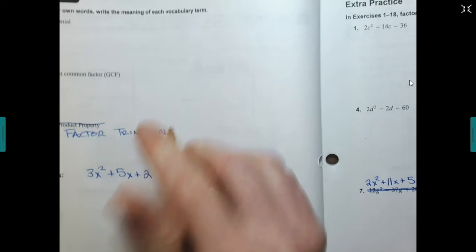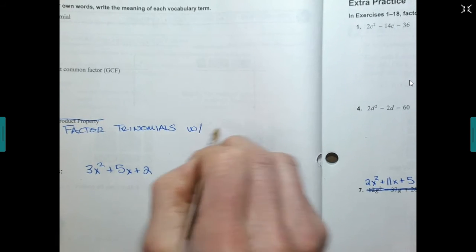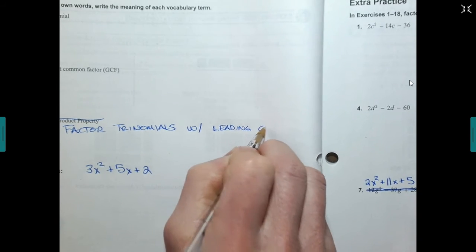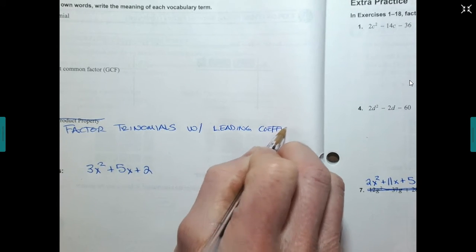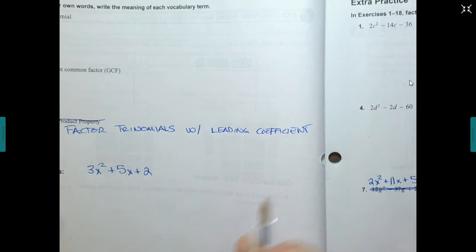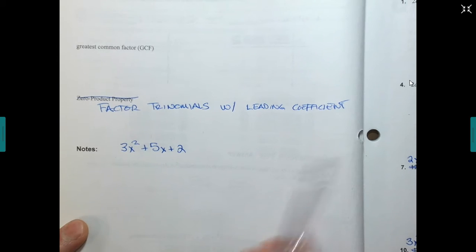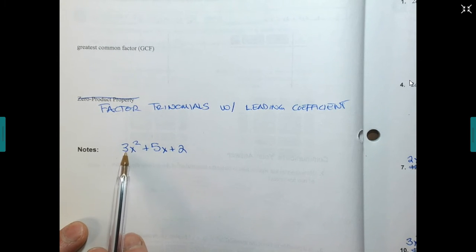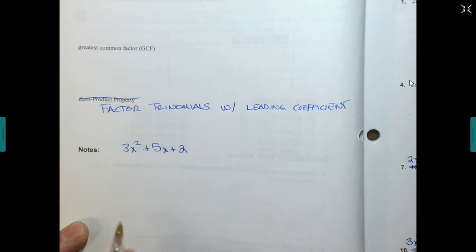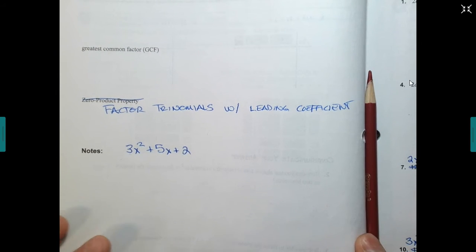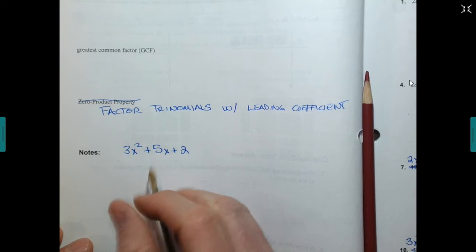But today is different because these have a leading coefficient that's not 1. That's what you might notice about this one: instead of just x squared, we have a 3x squared. So we have a leading coefficient here that's not 1. What we are going to do is a method that Bill Davies calls the double smiley face.